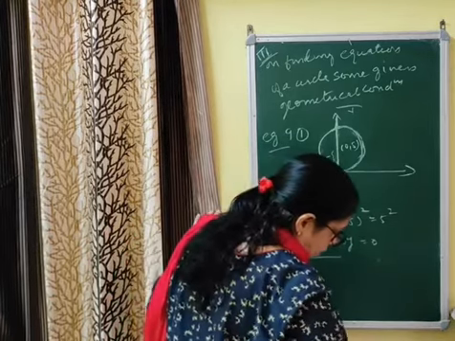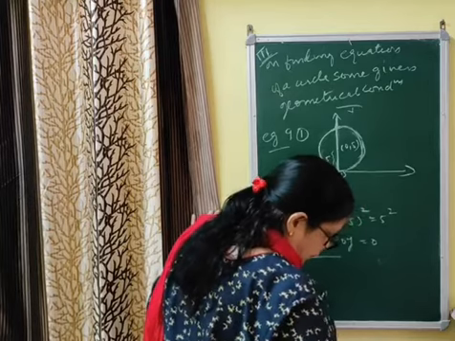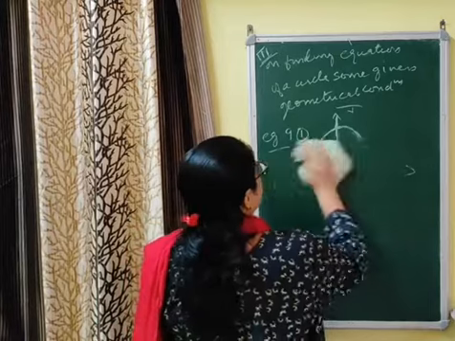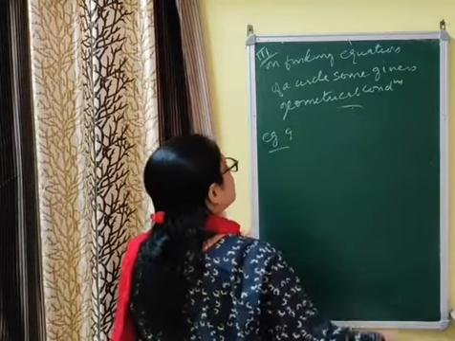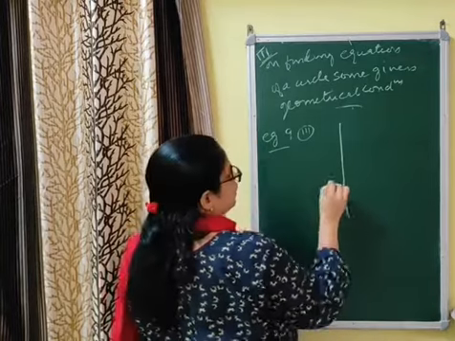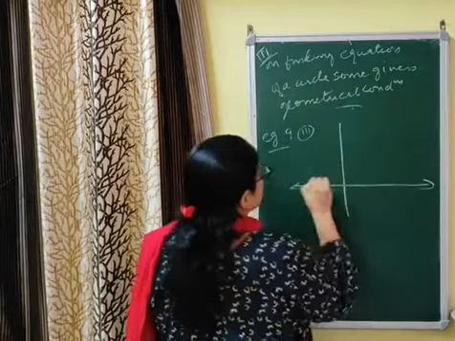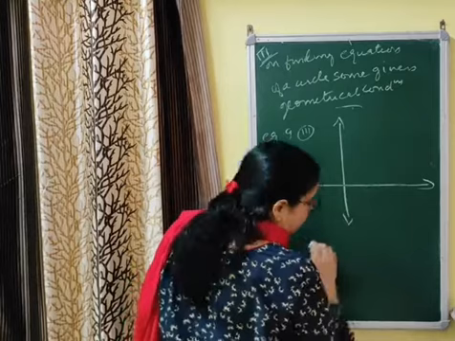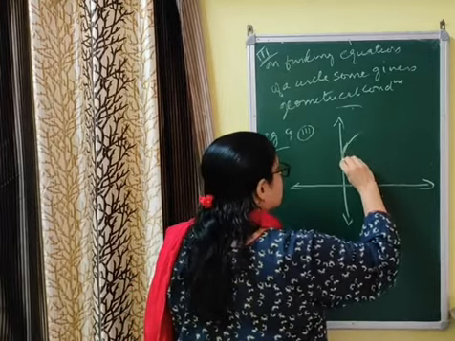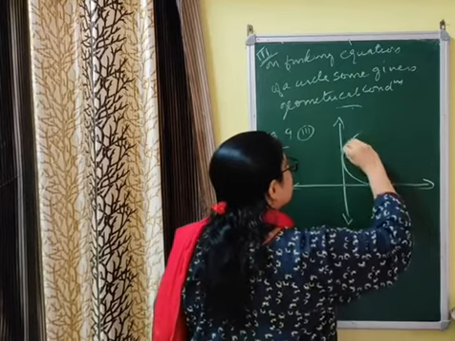The third case is that the circle touches both the axes and the radius is 5 units. How can we draw this figure? The circle touches both the axes, and the radius is given as 5 units. I can draw the approximate form of the figure, not proper.